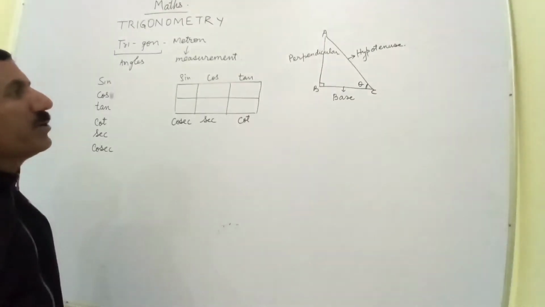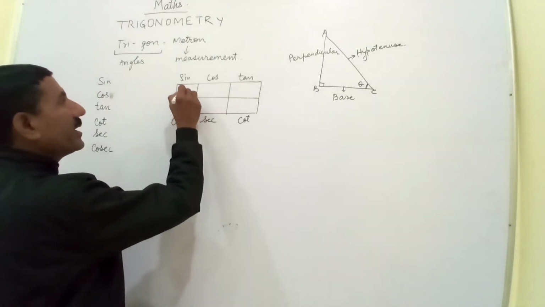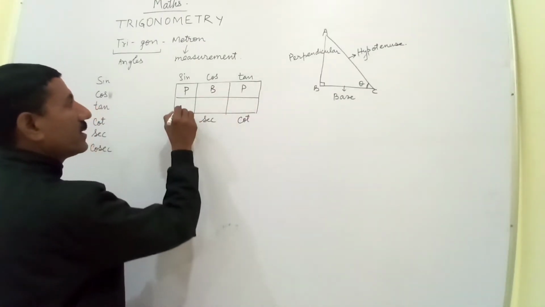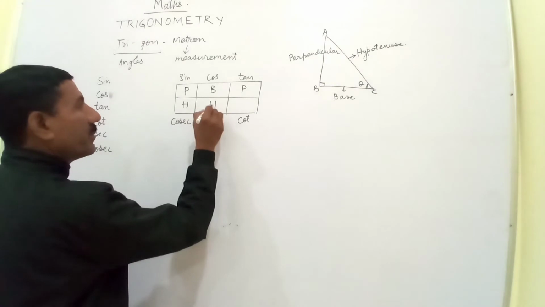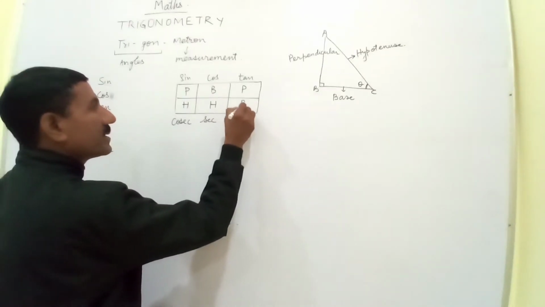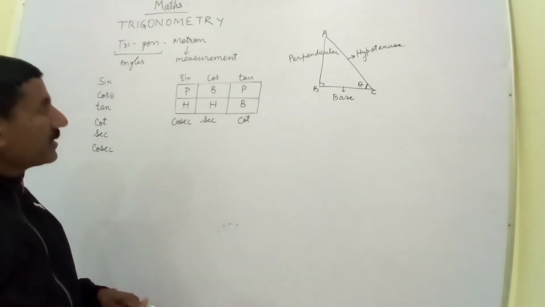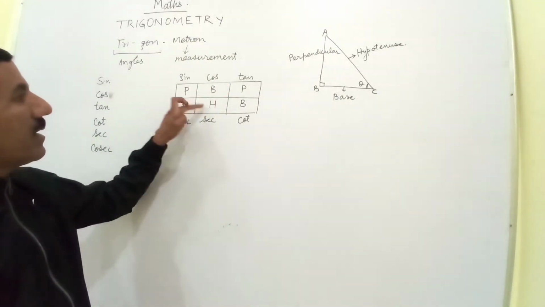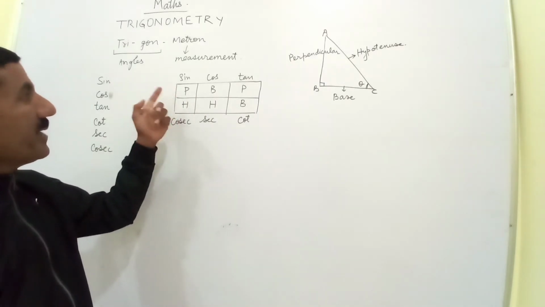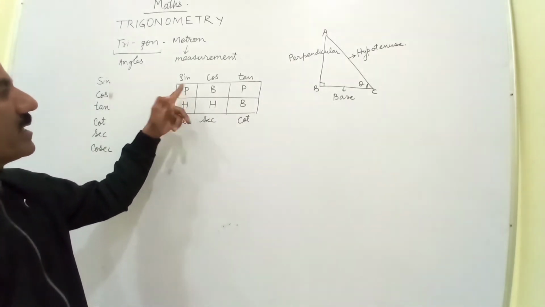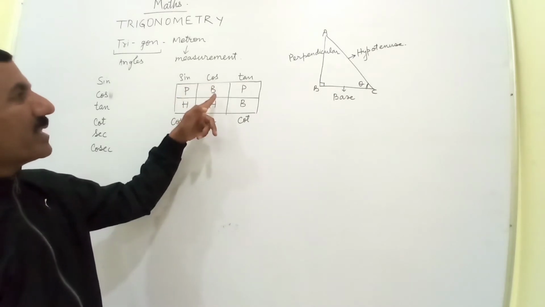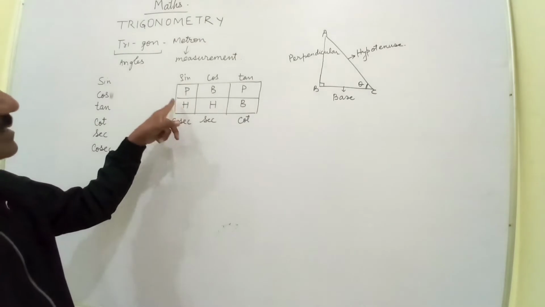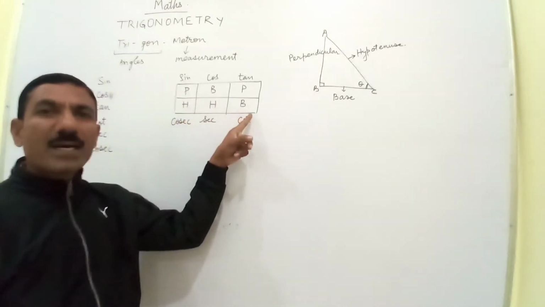These are the 6 values, and we write here perpendicular, base, perpendicular, hypotenuse, hypotenuse and base. How do we learn it? P for Pandit, Badri Prasad, Har, Bor. P means Pandit, which is perpendicular; B means Badri, base; P means Prasad, again perpendicular; Har means hypotenuse, H; and Bor means again base.